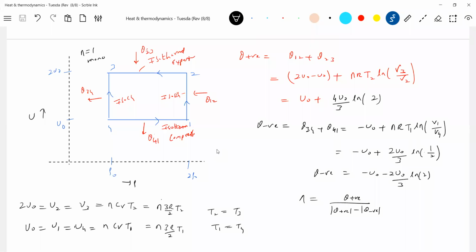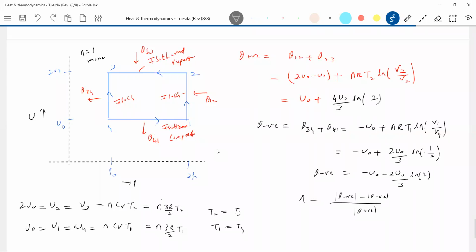Efficiency should be Q negative by Q positive. If I don't take the mod, the negative of net will become positive, and efficiency will become greater than 1. We don't have any heat engine where efficiency will be more than 100% or equal to 100%.